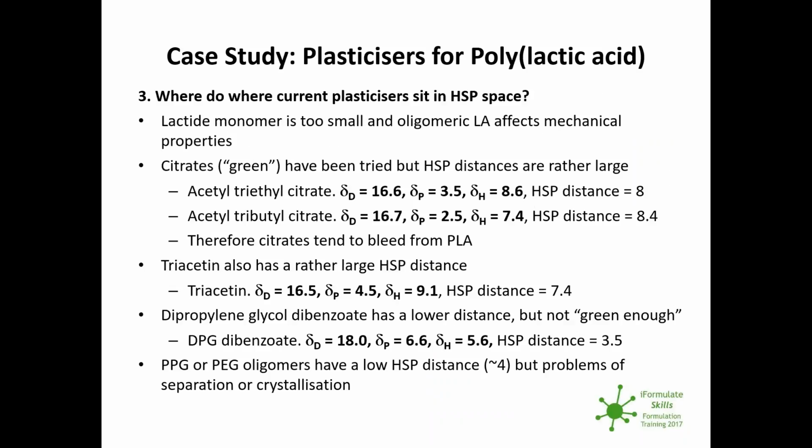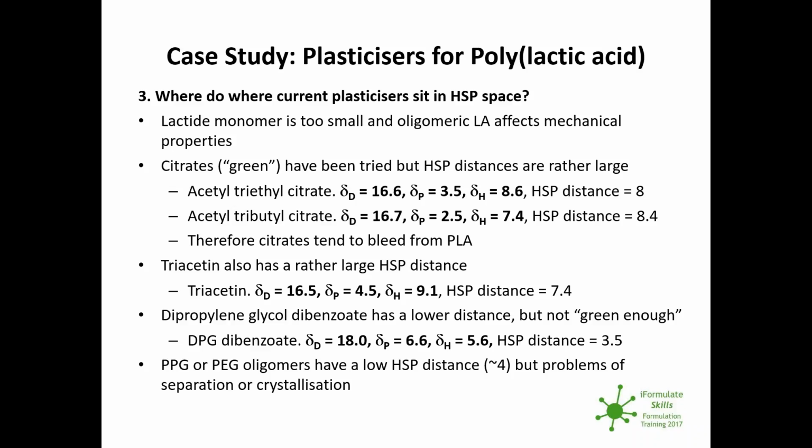The third step is then to look at where the current plasticizers sit in HSP space. Well, an obvious place to start would be monomers or oligomers of lactic acid, so the lactide monomer and the oligomeric lactic acid. They have a perfect match in HSP terms, but they affect the mechanical properties adversely, so they can't be used.